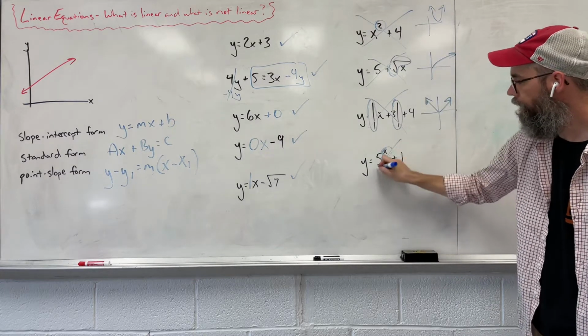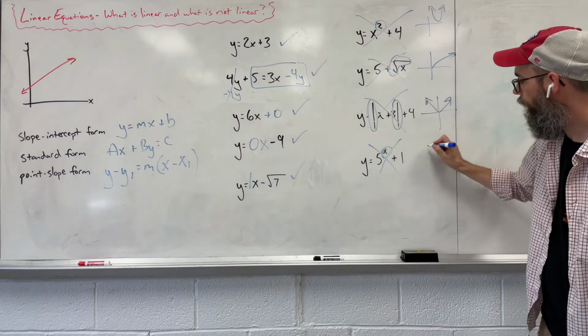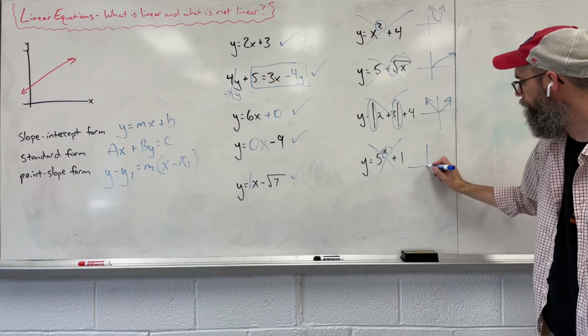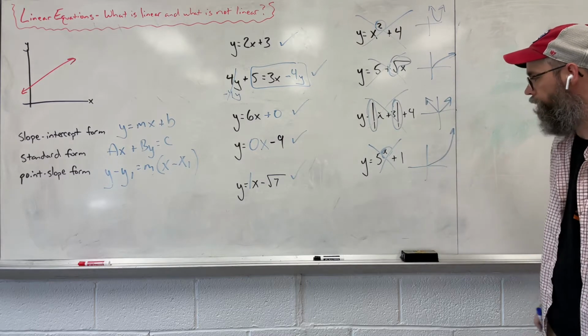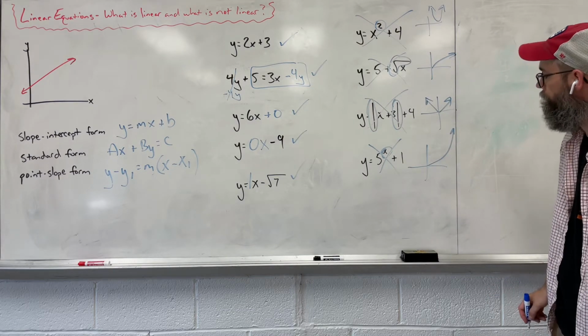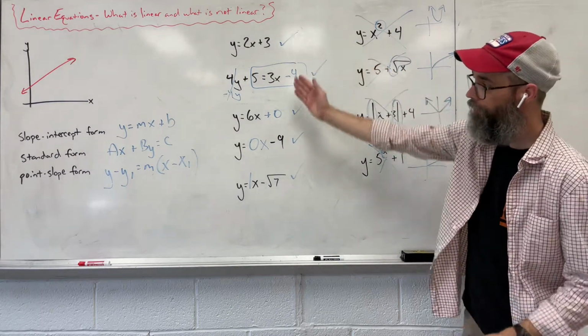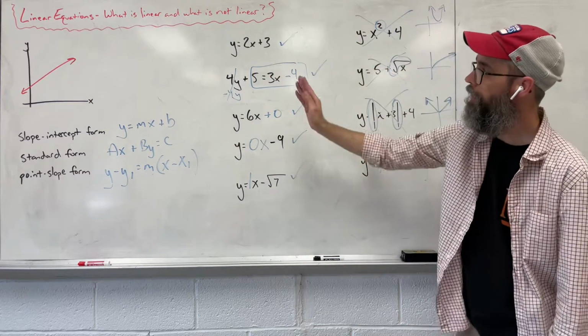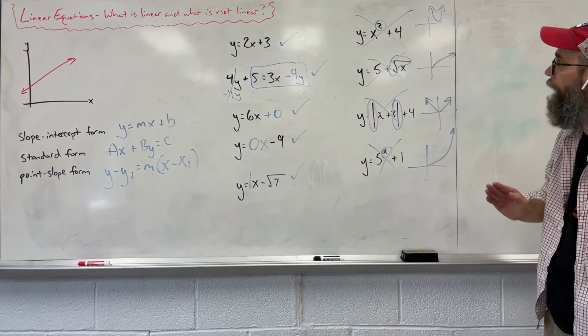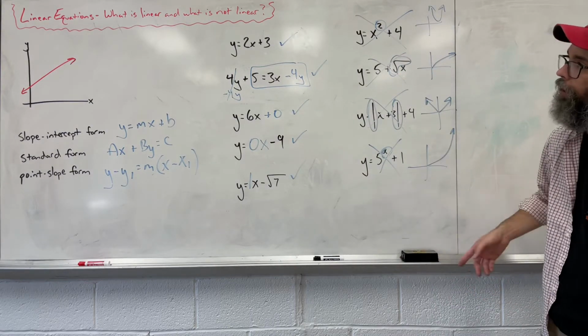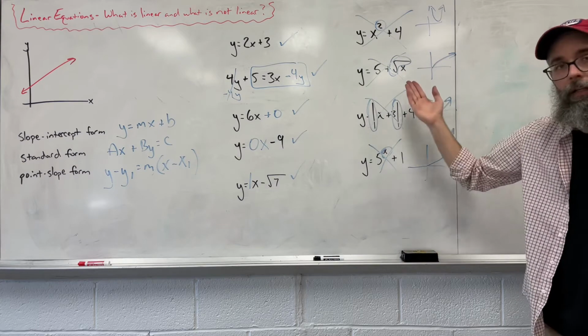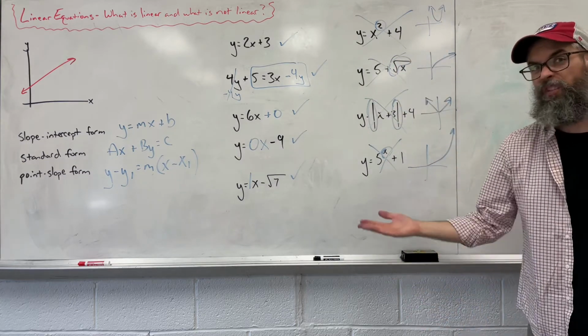This right here messes us up. Why? Well, the graph of that is going to look something like that. All these can be rewritten as one of those forms. Yes, they're linear. All these cannot be rewritten. There's something wrong with them. They are not linear, and that is what is linear and what is not linear.